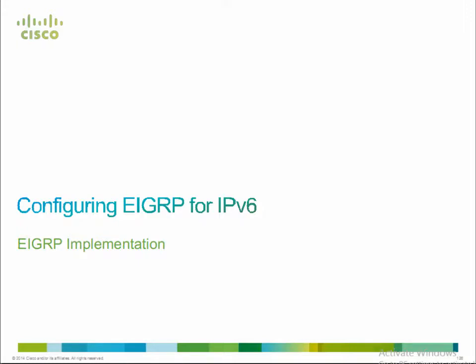All right, so let's talk about the differences and the similarities between EIGRP for IPv4 and IPv6. We'll take a very quick look at basic EIGRP for IPv6 settings. We'll look at how we set up summarization, and how we verify EIGRP operations for IPv6.